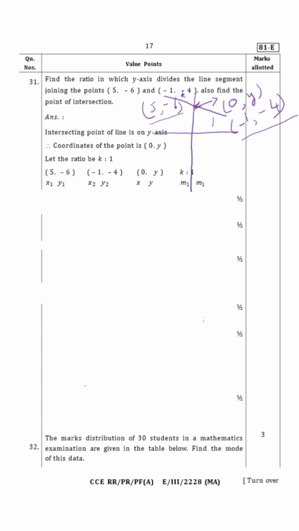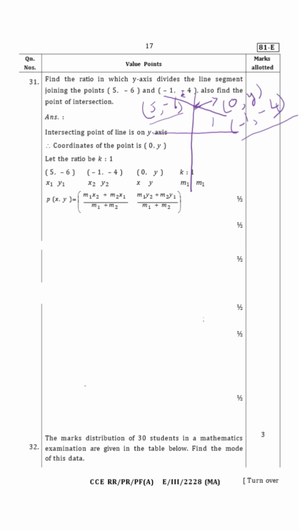Now you can use the section formula. P of (x, y) is equal to (m1 x2 plus m2 x1) upon (m1 plus m2), and (m1 y2 plus m2 y1) upon (m1 plus m2). K is to 1, so m1 is k, m2 is 1. This formula you should remember.